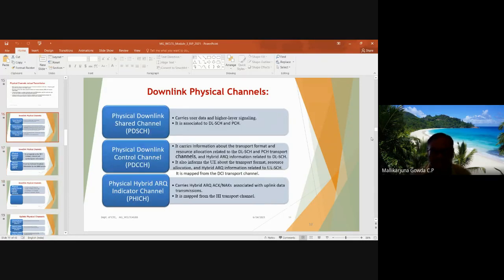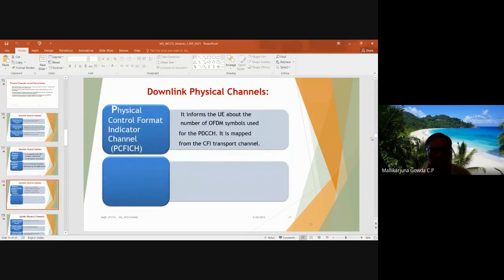Okay, I think these 3 plus these 2 and another one, that is physical control format indicator channel, that is PCFICH. Okay, physical control format indicator channel. So this downlink physical channel informs the user equipment about the number of OFDM symbols used for the physical downlink control channel, and it is mapped from the CFI transport channel.